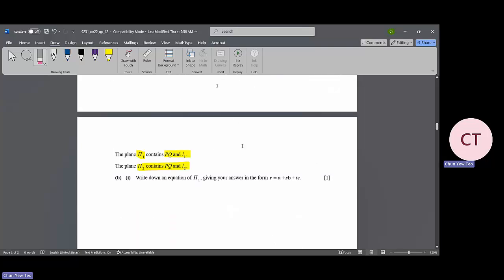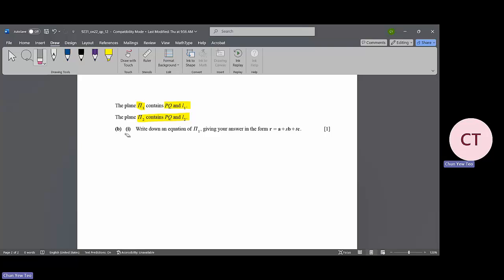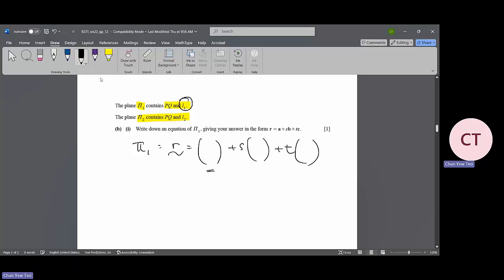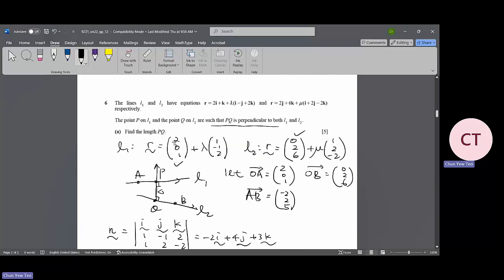Over here, to find pi 1 in the vector form, it will be r equals a plus s times d plus t times d. This contains PQ and L1. I do not have P or Q actually, I only have L1, and L1 contains this point (2, 0, 1).